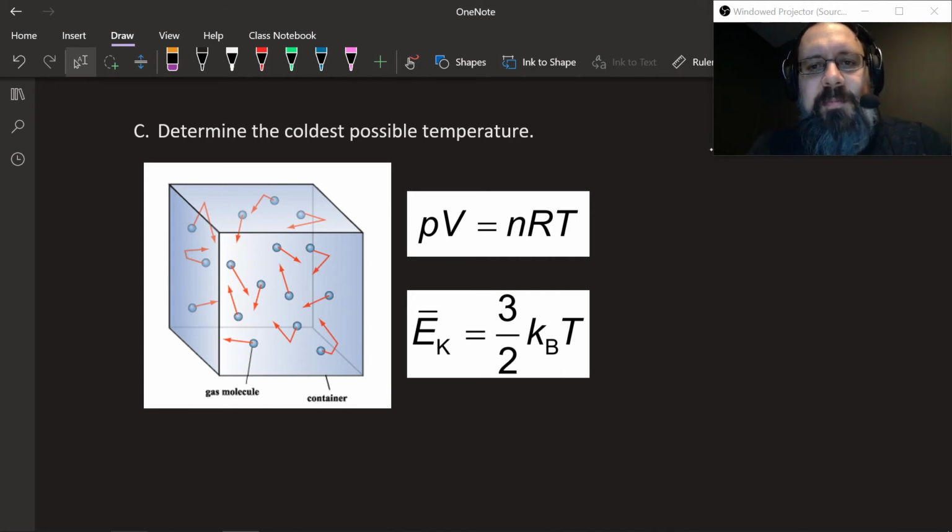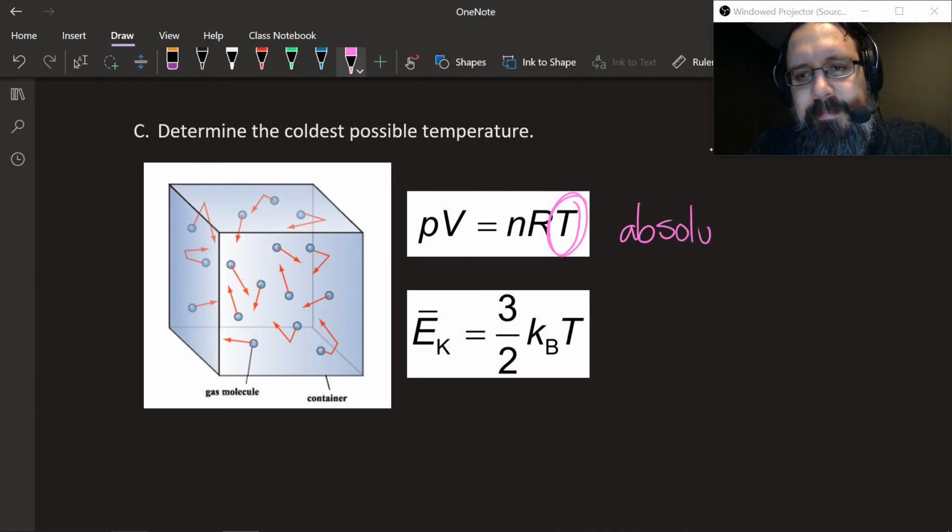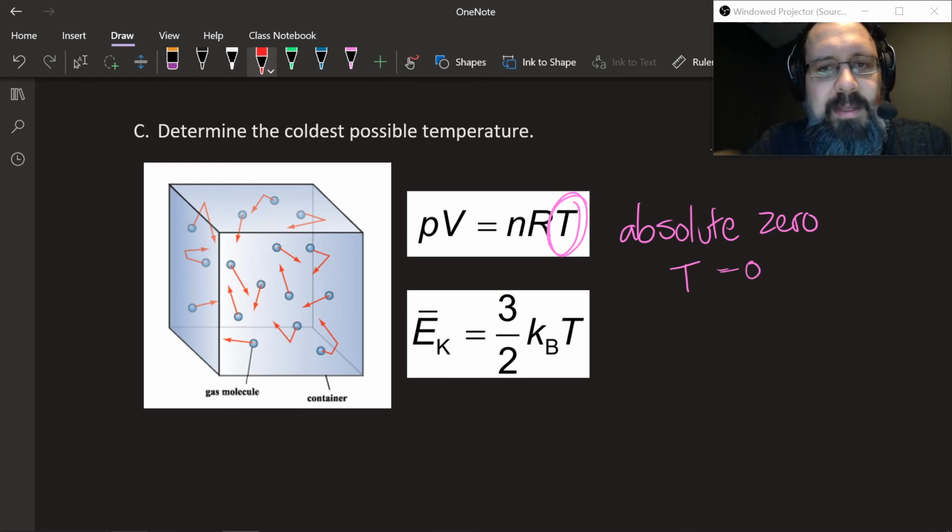Well, the coldest possible temperature is absolute zero. And absolute zero is where the temperature is equal to zero. Now, the gas constant can't be zero. The number of particles isn't going to be zero because we're holding that constant. And the volume isn't going to be zero. So what has to happen when we reach absolute zero is that the pressure has to go to zero.